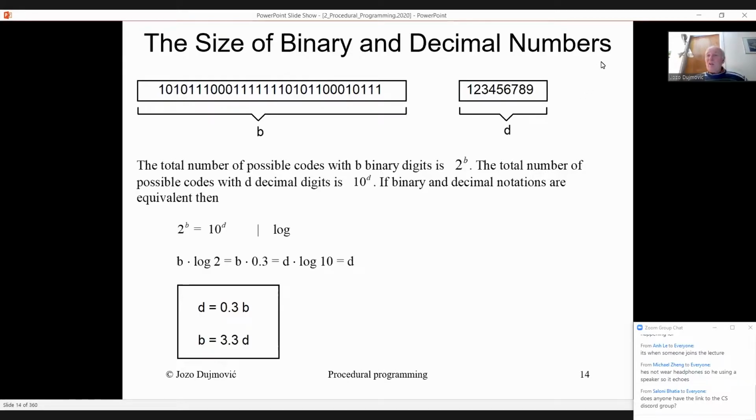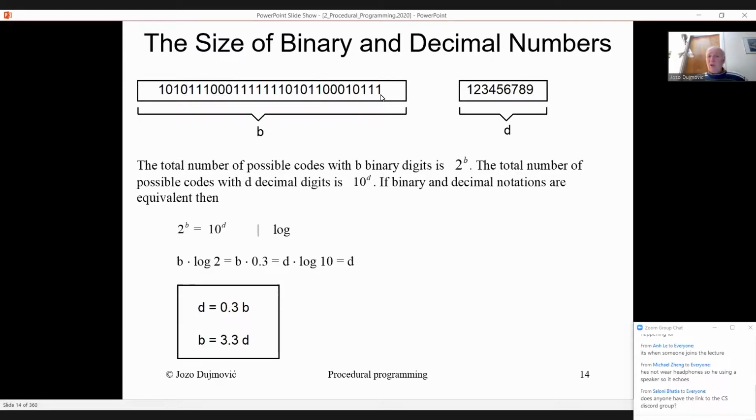Thank you. So let's see what is the size of binary and decimal numbers. If I have a decimal number like this, 1, 2, 3, 4, 5, 6, 7, 8, 9, this is a number that has 9 digits. So D is the number of decimal digits. Now, all humans use the decimal system, but inside a computer, numbers are stored as binary numbers.